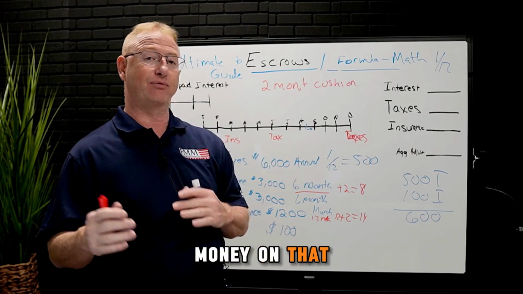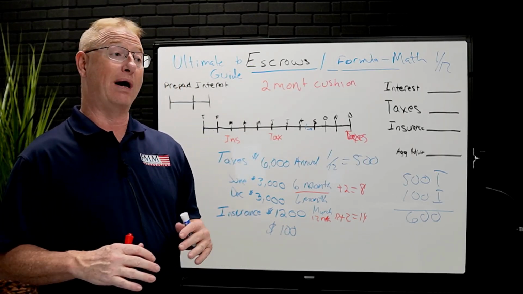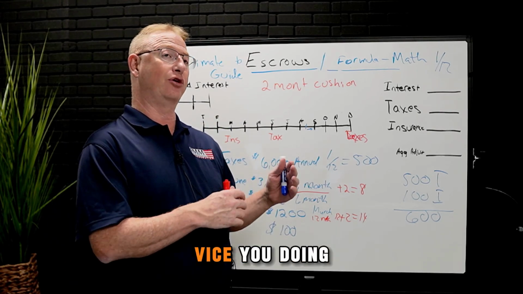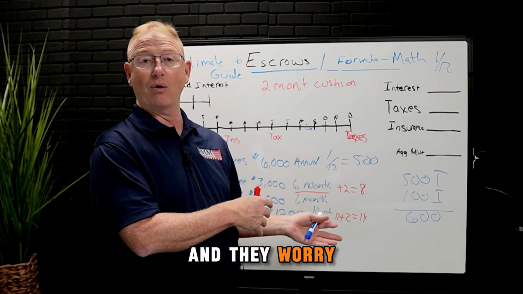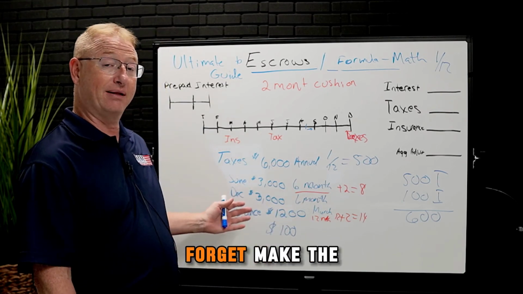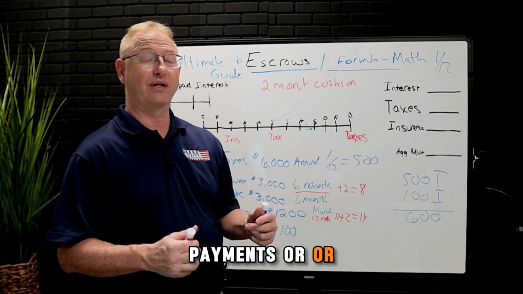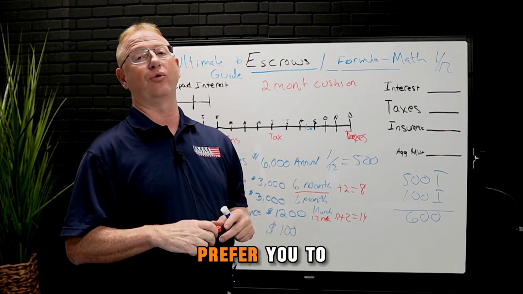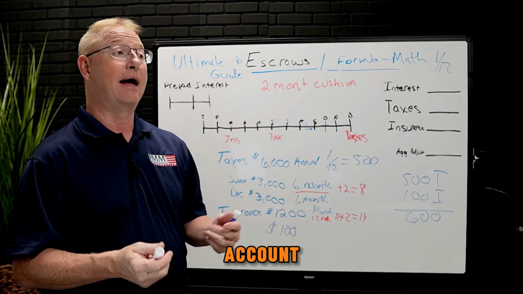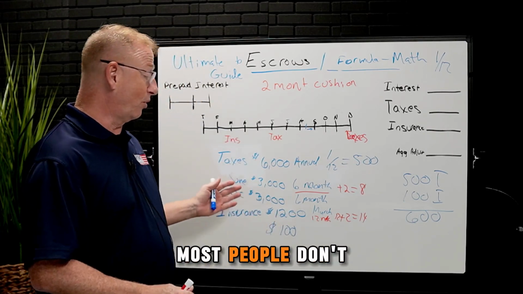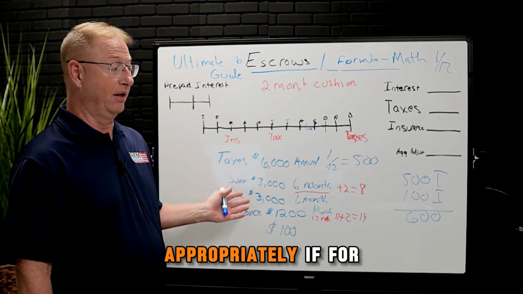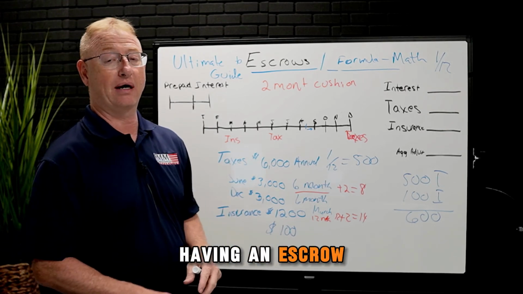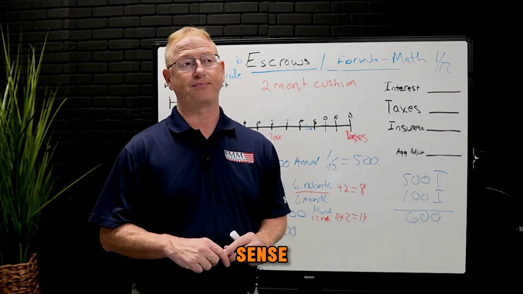They make money on that escrow account while they collect it, and they worry about whether you're going to forget to make the payments. So there's added risk there, and they would prefer you to have an escrow account. I personally think most people don't budget appropriately for the escrow, so having an escrow account makes more sense.